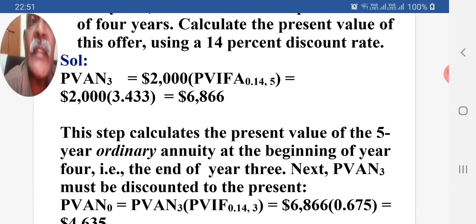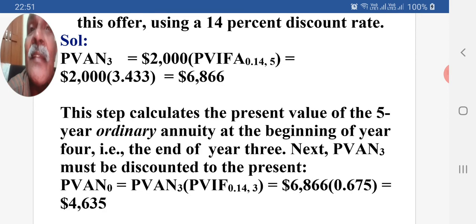The step is to calculate the present value of the 5-year ordinary annuity at the beginning of year 4, that is, the end of year 3.